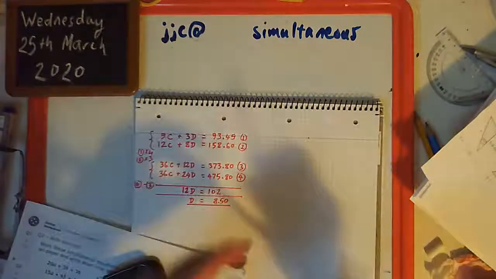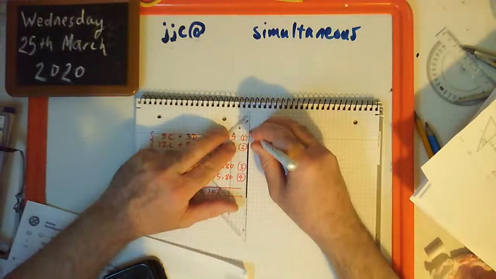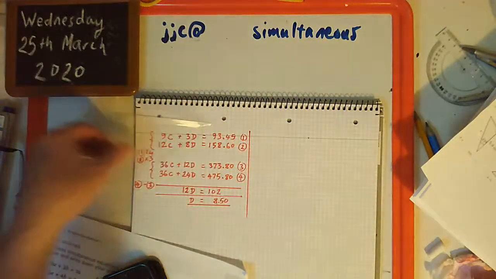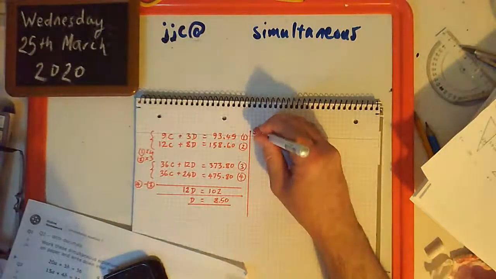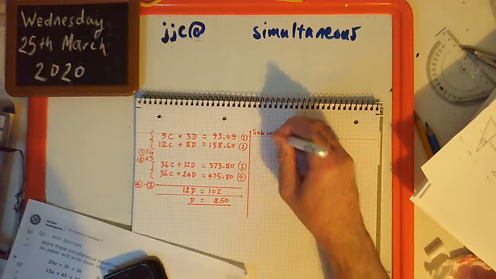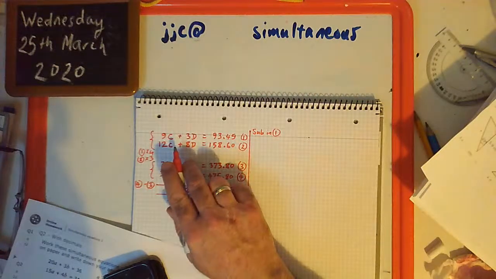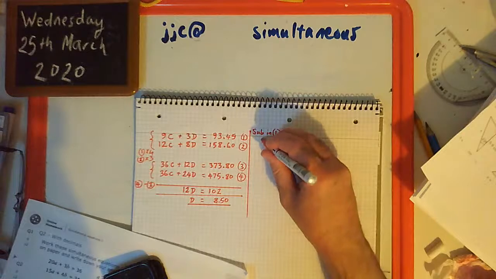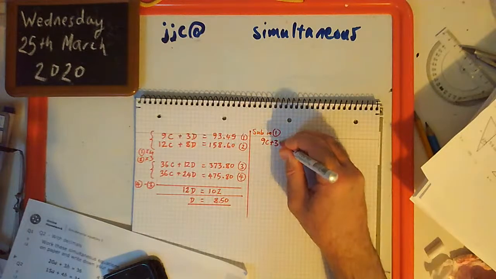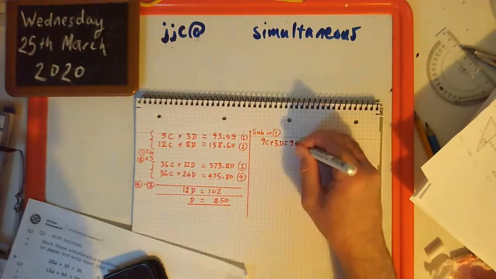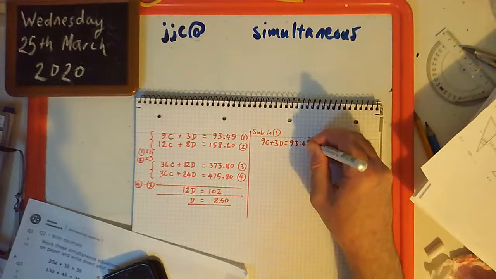Okay, so having figured out what D, the cost of a DVD is, I'm now going to take that information and substitute it back into equation 1. So equation 1, as you can see here, was 9c plus 3d equals 93.45.